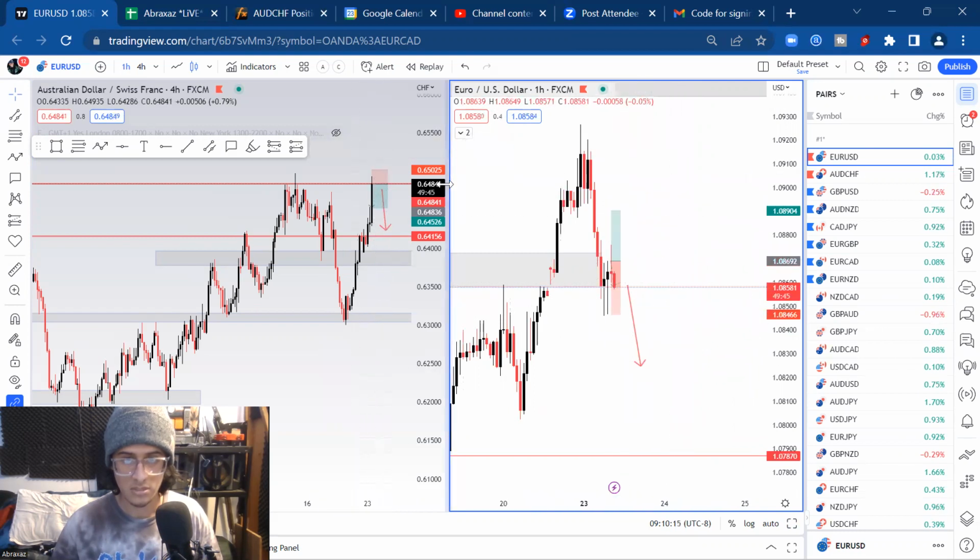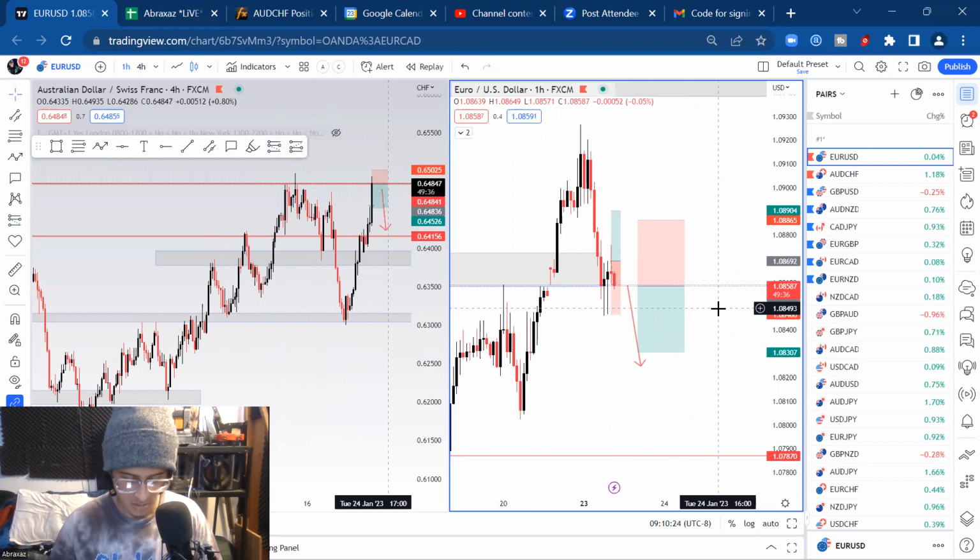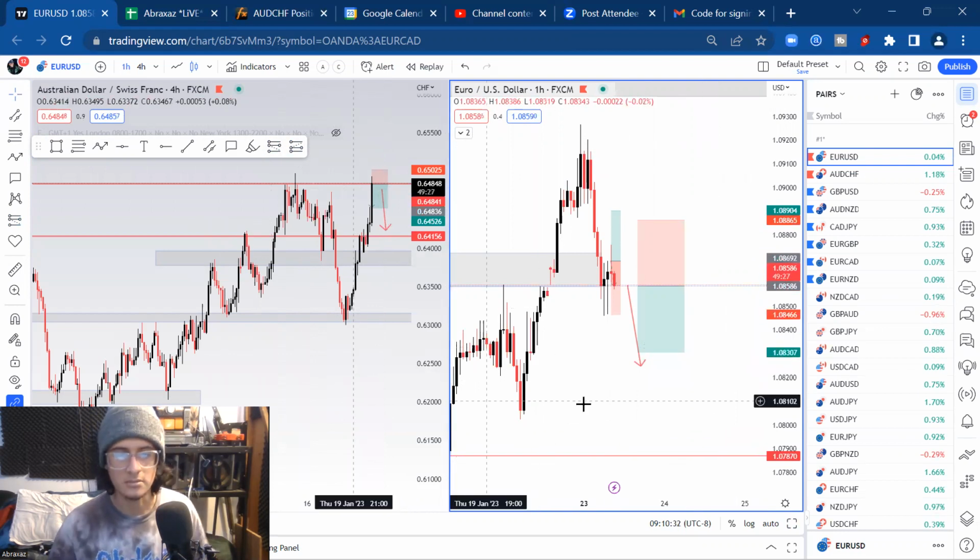That's what I was talking about. Let's see what happens with this little experiment. Yeah, boom. Immediately just sell that. 0.01 lot size. We'll see what happens.